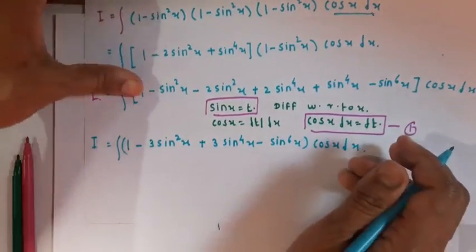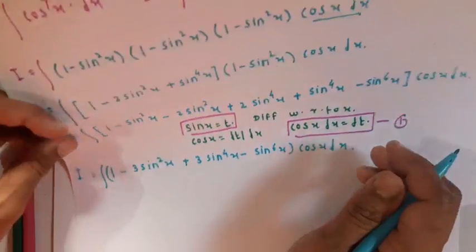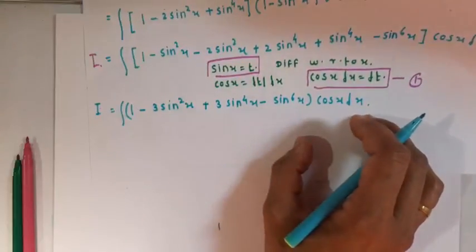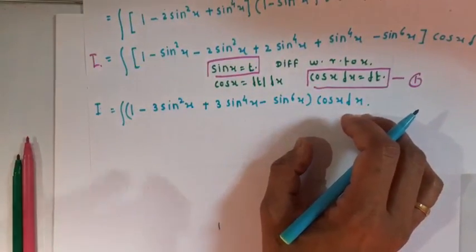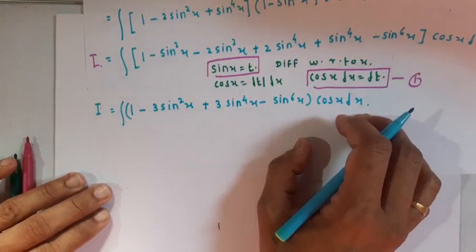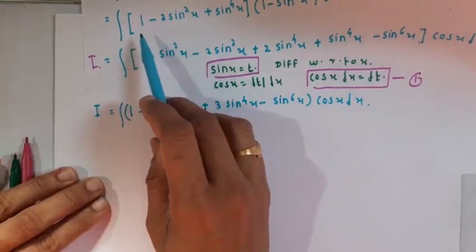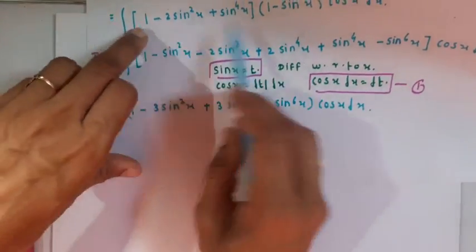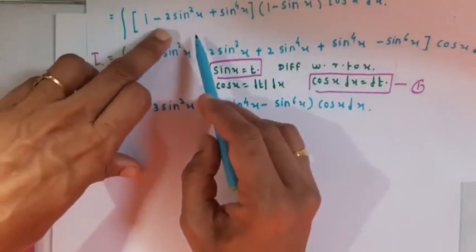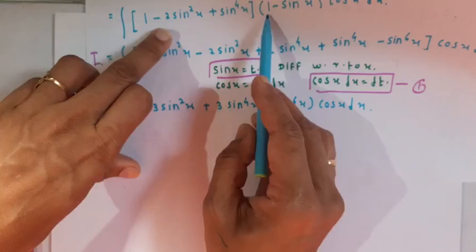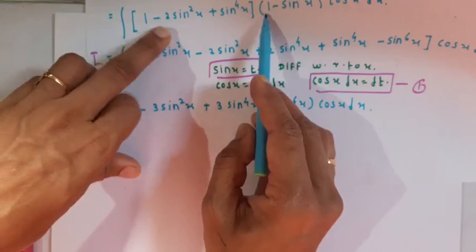And now this is equal to 1 minus sin square x minus 2 sin square x.